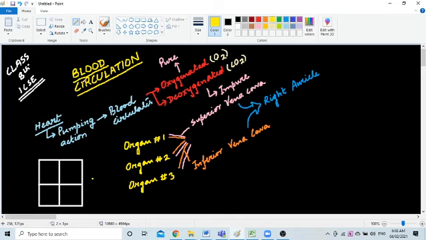Here we have the left atrium, this one is left ventricle, this is right atrium, and this is right ventricle.